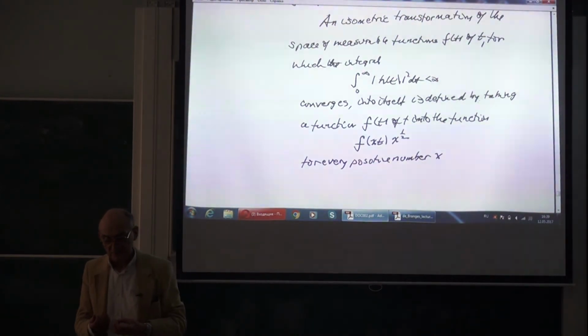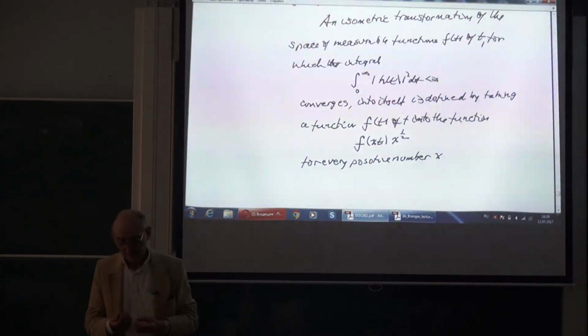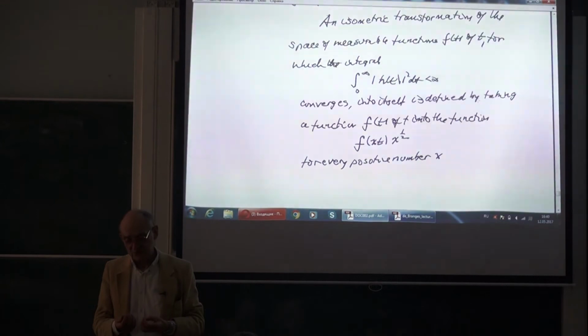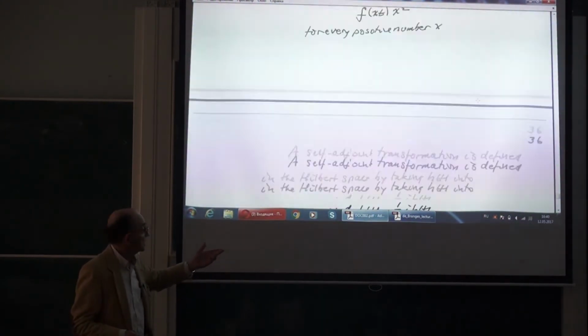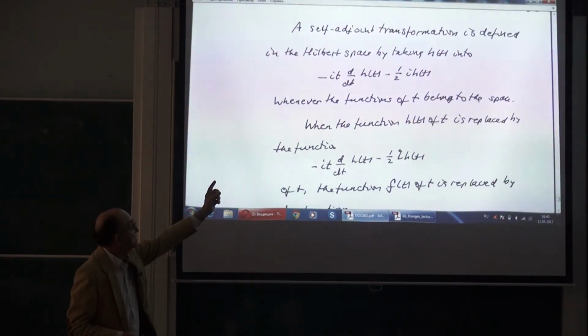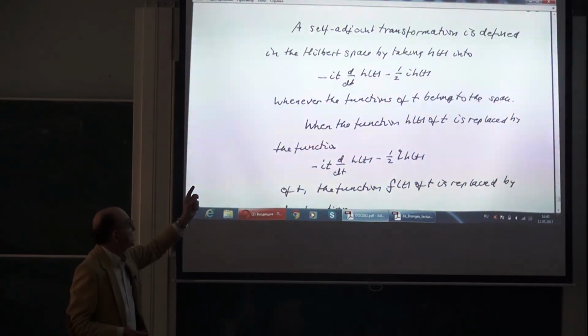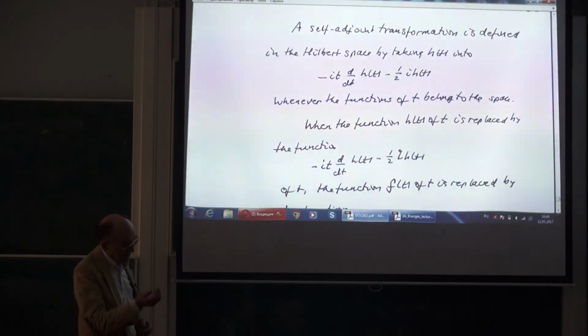As you know, if you've studied Hilbert space, it's a continuous group of unitary transformations. It has an infinitesimal generator, which is a differential operator. And so the differential operator comes in next. The differential operator is a self-adjoint transformation. It takes a function h of t into, basically, you have to take the derivative of the function h of t, and you have to multiply by t so that you have this radial action.